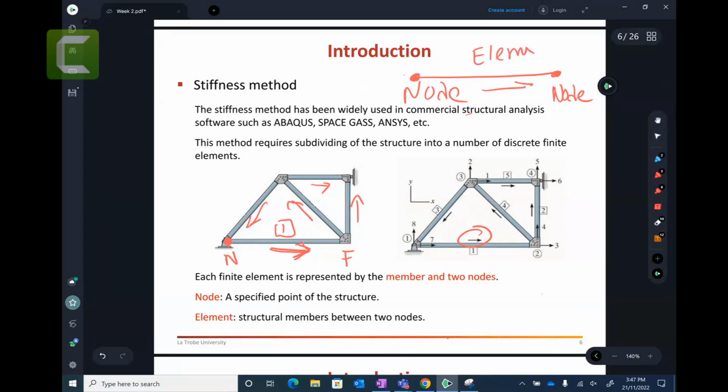And if I put the arrow left to right, this one is the near node, this one is the far node. That's how we identify. This arrow means this is the near node, this is the far node. For this arrow on element number 5, this is the near node, this is the far node. This arrow is telling me that this is the far node. For element number 3, this is the near node. So I hope it is made clear.